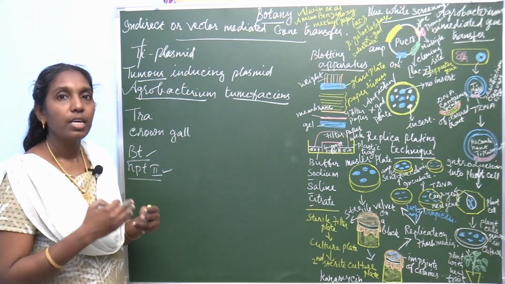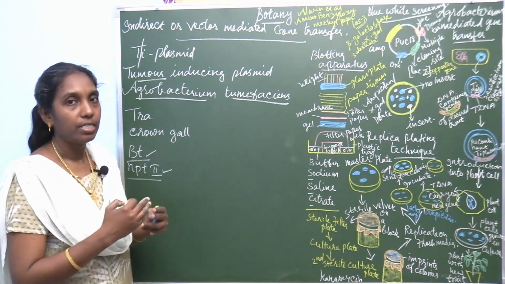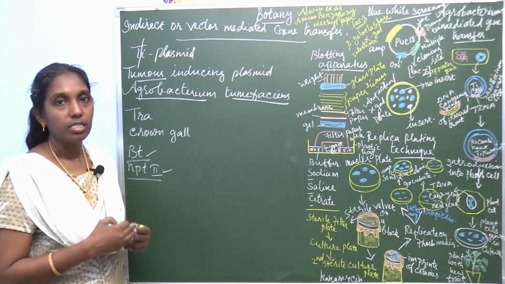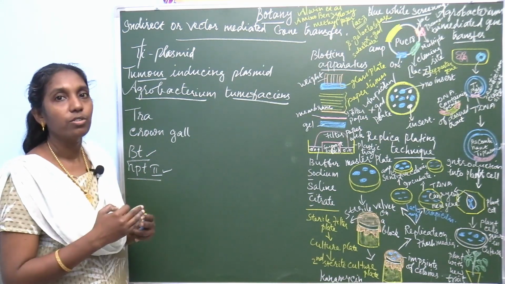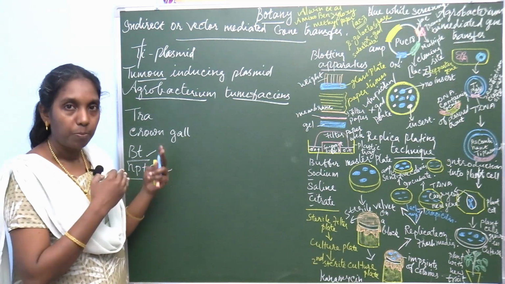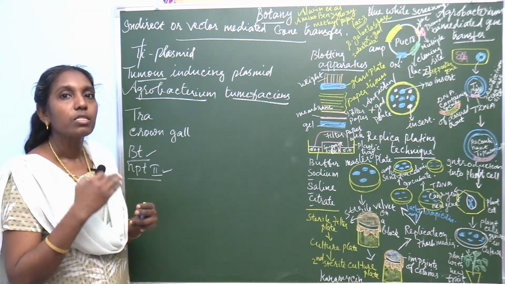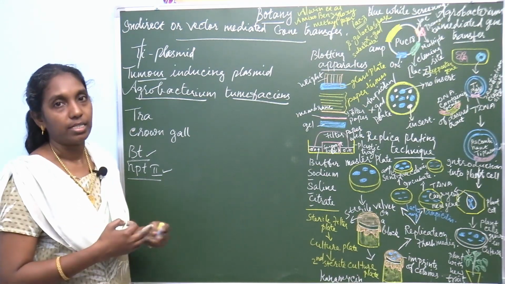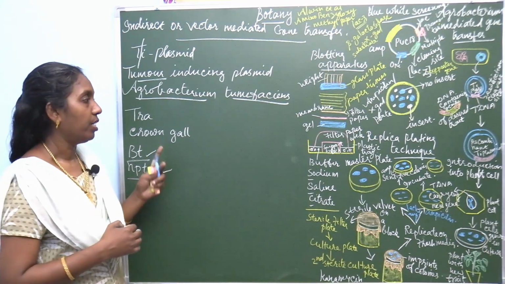Because of its ability to naturally infect the plant cell, this Ti plasmid is called natural genetic engineering, because it infects the plants and enters inside through the wounded region.